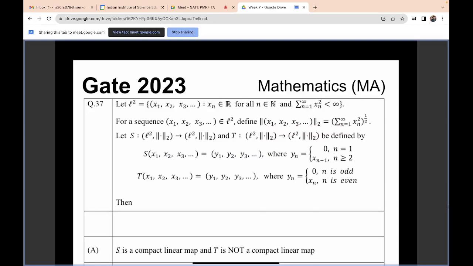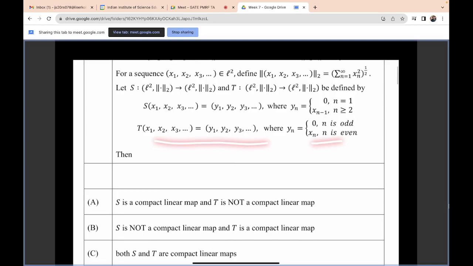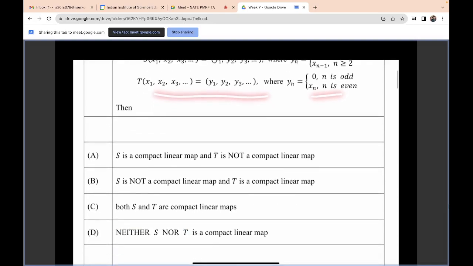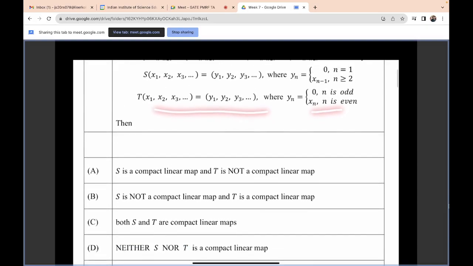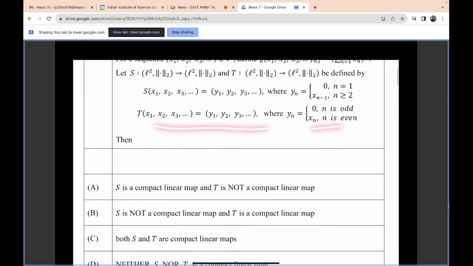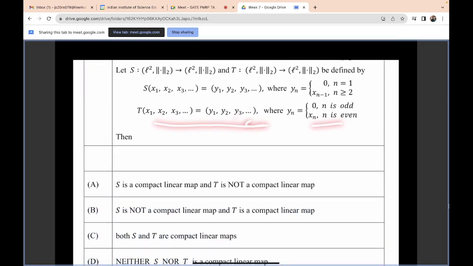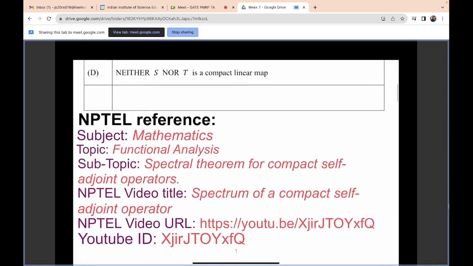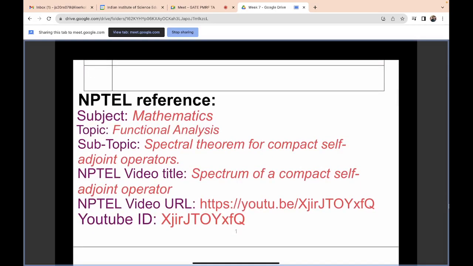Then two linear operators are defined, S from L2 to L2 and T again from L2 to L2. S is defined like this and T is defined by this. Four options are given, and you have to check whether these are compact linear operators or not.